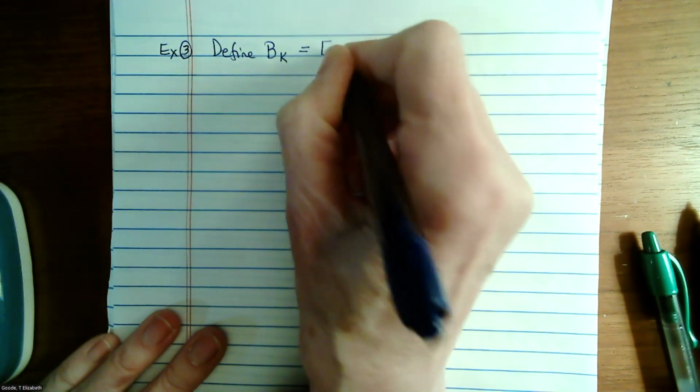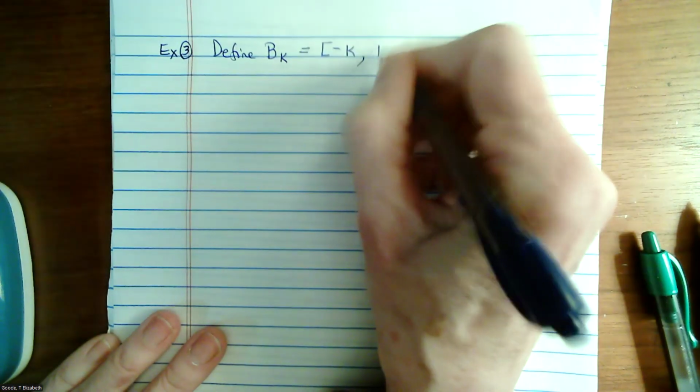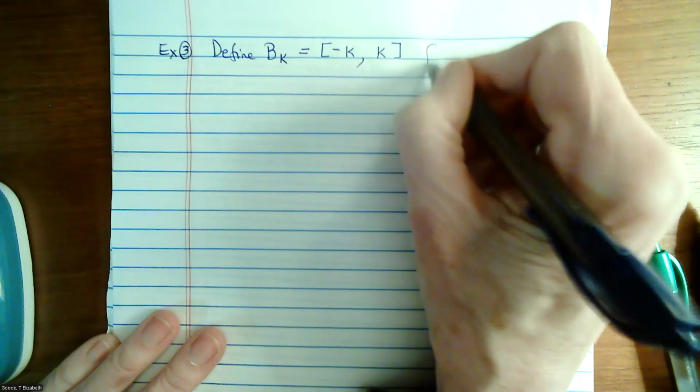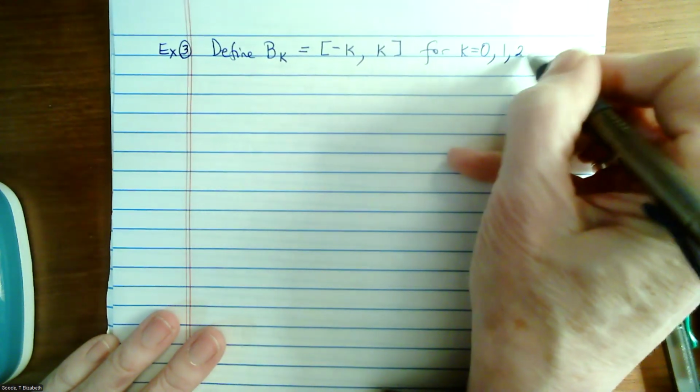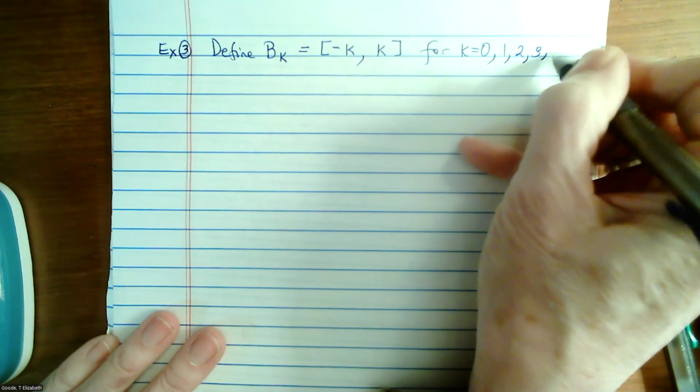Example 3. Okay, so we're going to define B sub k now to equal the square bracket negative k to k square bracket, and this is for k equals 0, 1, 2, 3, keep on going.